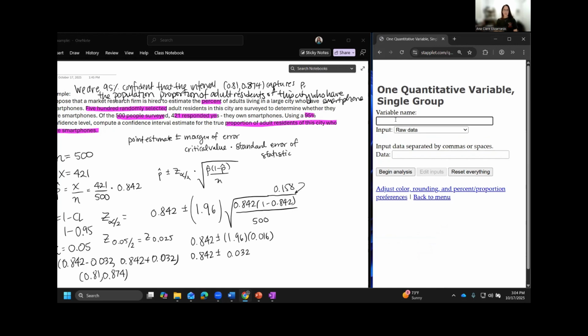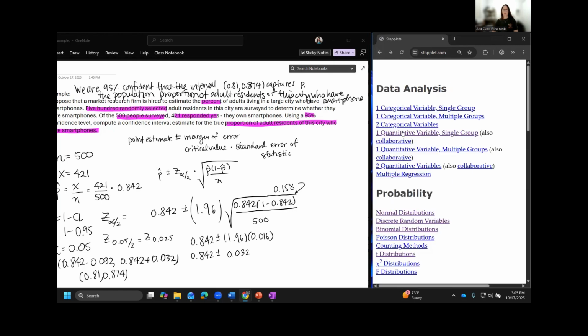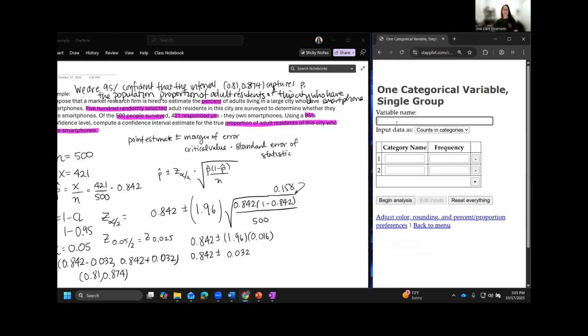So I can name this. This is adults with smartphones. I'm in quantitative, I meant, for proportions, you want to select one categorical variable because this is binary, success and failure, and so you need your two categories.